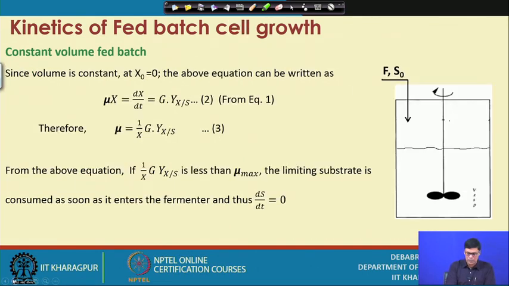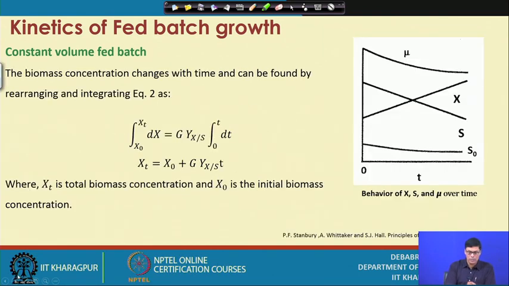Looking at the previous equation, we can write dX equals G into Y_X/S into dt, and integrate from 0 to t. Then in this particular system we can have X_t, the total cell mass concentration, equal to X0 plus G into Y_X/S into t. X_t is the total biomass concentration, and X0 is the initial biomass concentration. So, this is how we can analyze this system.